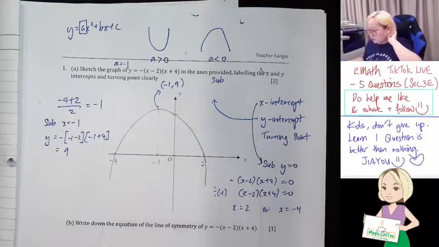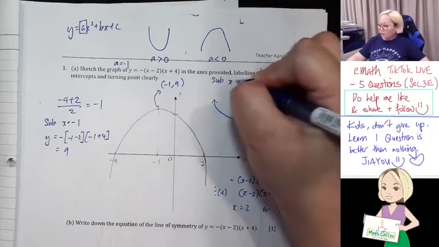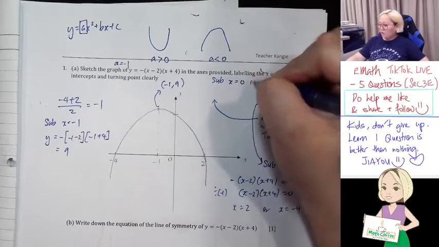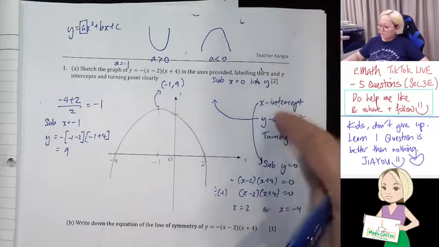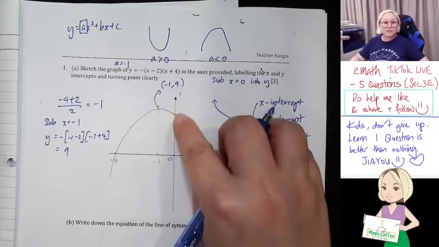Sub x equals to what into y? You must be some certain value, so you're supposed to sub x equals to 0 into y, okay? Because at this point, the coordinate for x is 0.